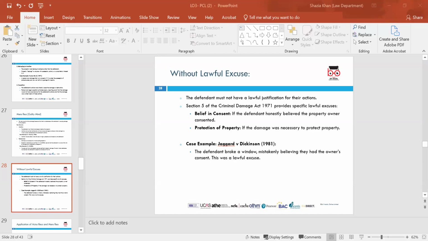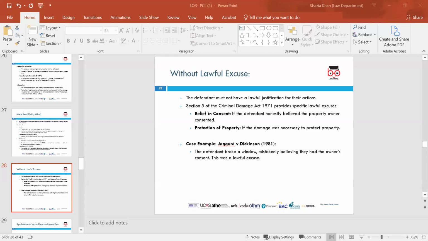Without lawful justification means that the defendants contrive to accomplish some criminal or unlawful purpose, or to accomplish some purpose not in itself criminal or unlawful by criminal or unlawful means. And the popular case in regards to that is the case of Jaggard v Dickinson, 1981.